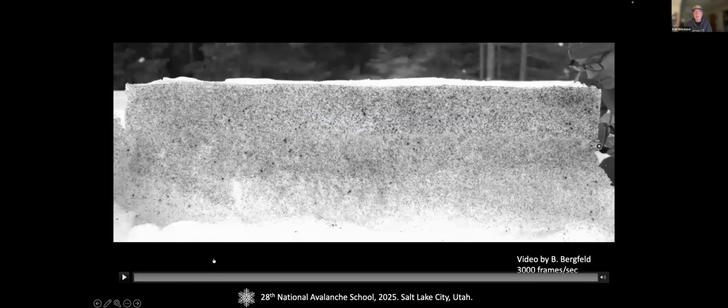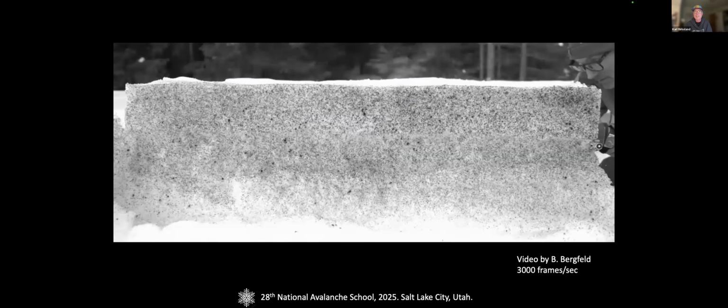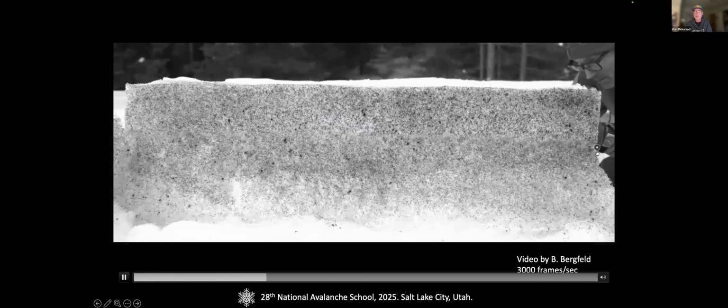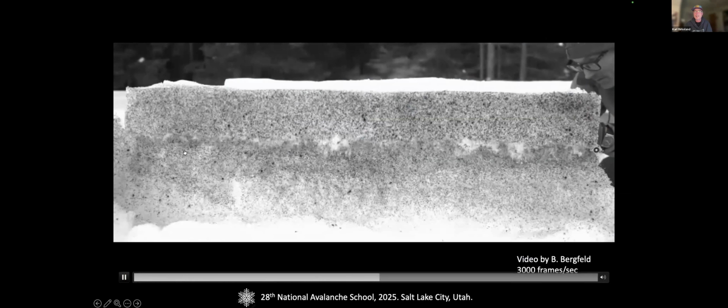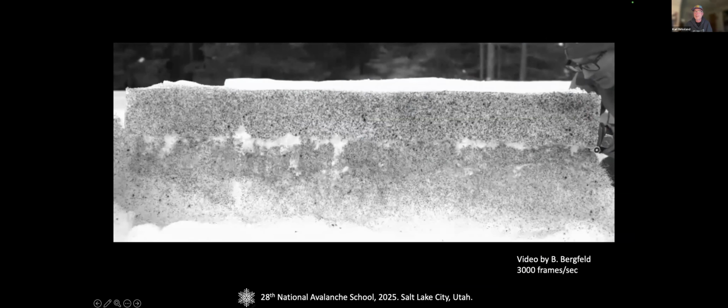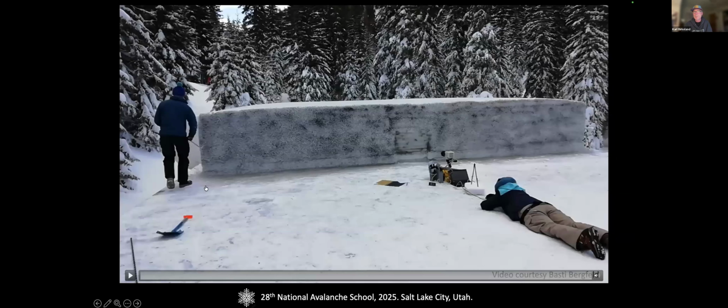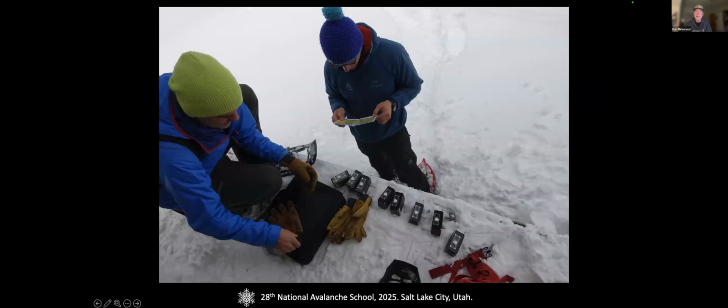Here's an example of a very high speed, 3,000 frames per second, very small propagation saw test. You can see the saw going in here and zoom, getting that collapse mode propagation. And the Swiss were doing some very large ones as well. I'm not going to show you that one.